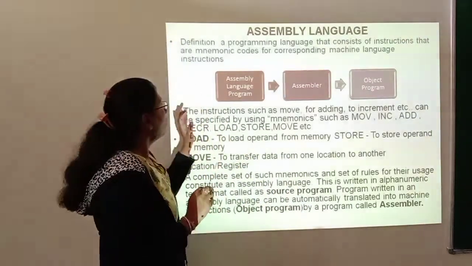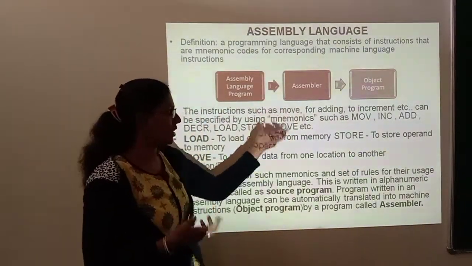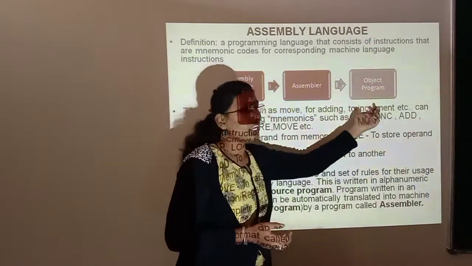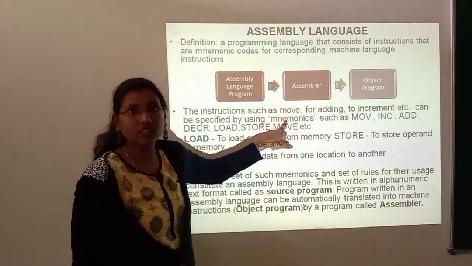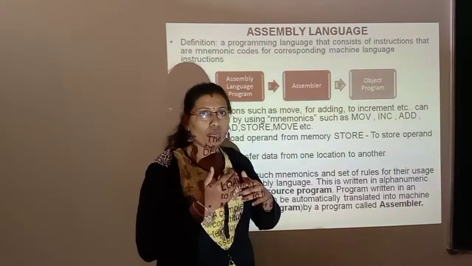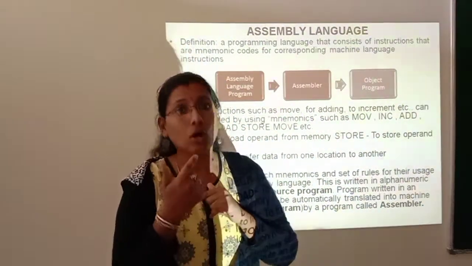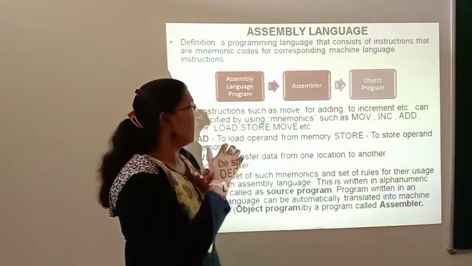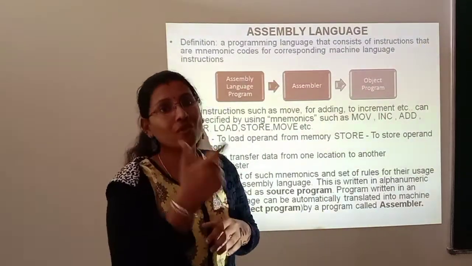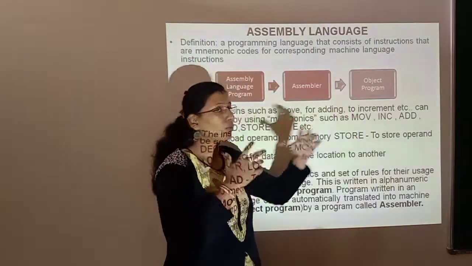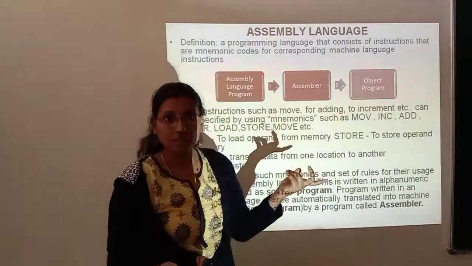Consider the instructions we have studied till today, such as move, add, increment, etc. They can be specified by using mnemonics. MOV, M-O-V, is a mnemonic to do the move operation. You get it? A mnemonic is nothing but the symbolic representation, the characters we write to perform that operation.